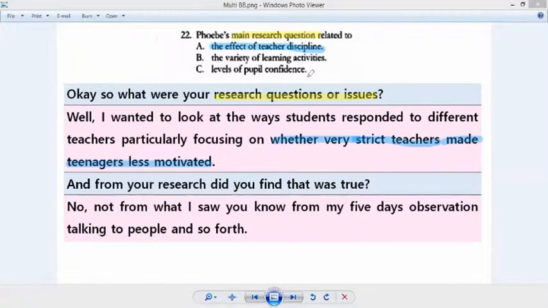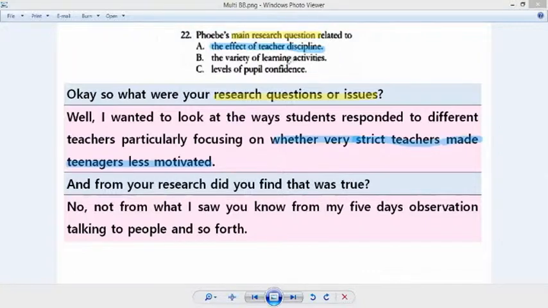And this is a pretty severe or pretty extreme paraphrase. Okay? The effect of teacher discipline. We don't have the word discipline. We don't have the word effect, right? We just have this word strict, which is related to discipline.